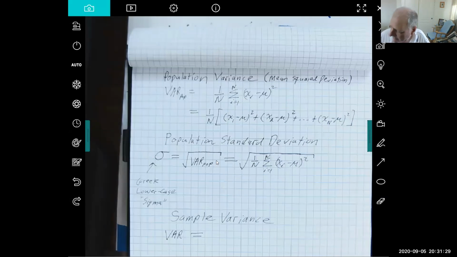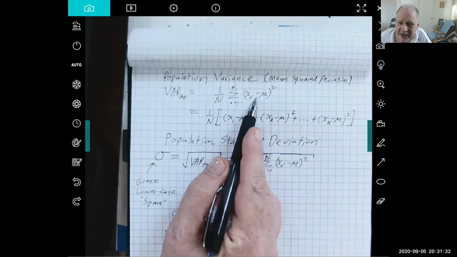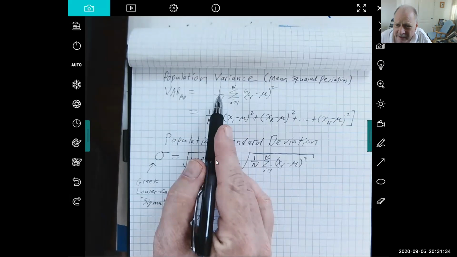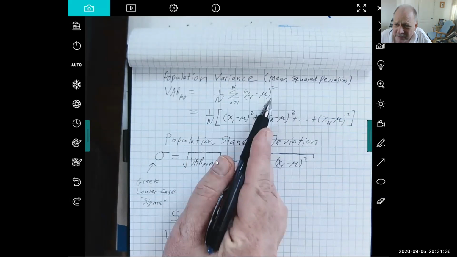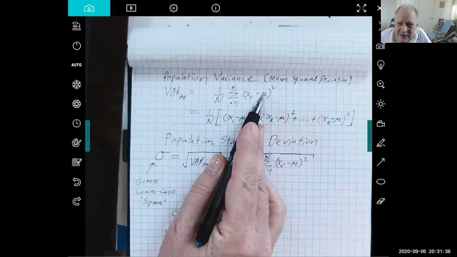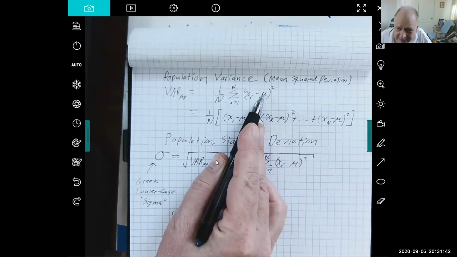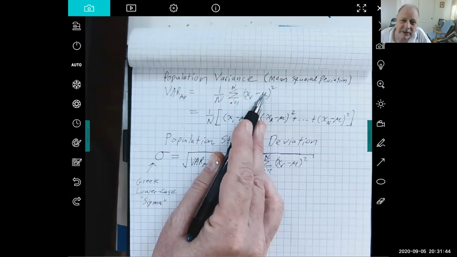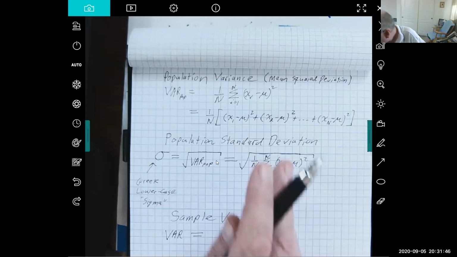I'm looking at this formula up here without the square root right now. I want to do that, but where I don't know the mu, because I don't have access to the whole population, I can estimate the mu using the sample mean.